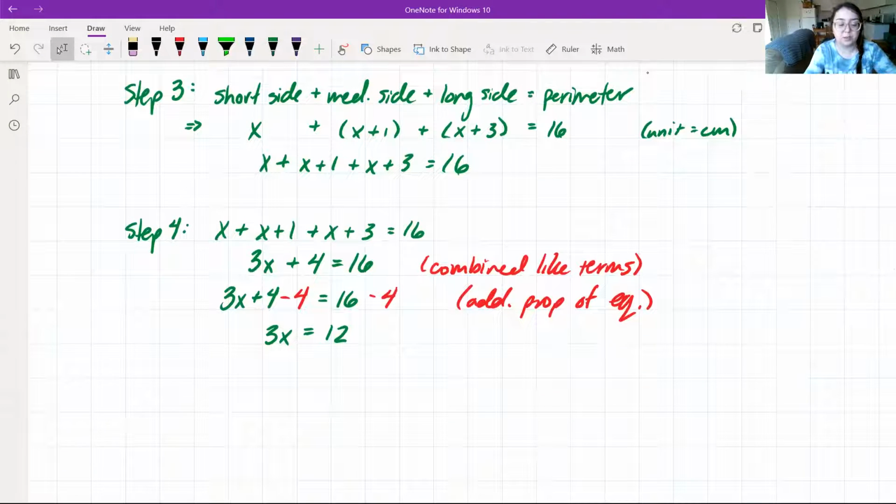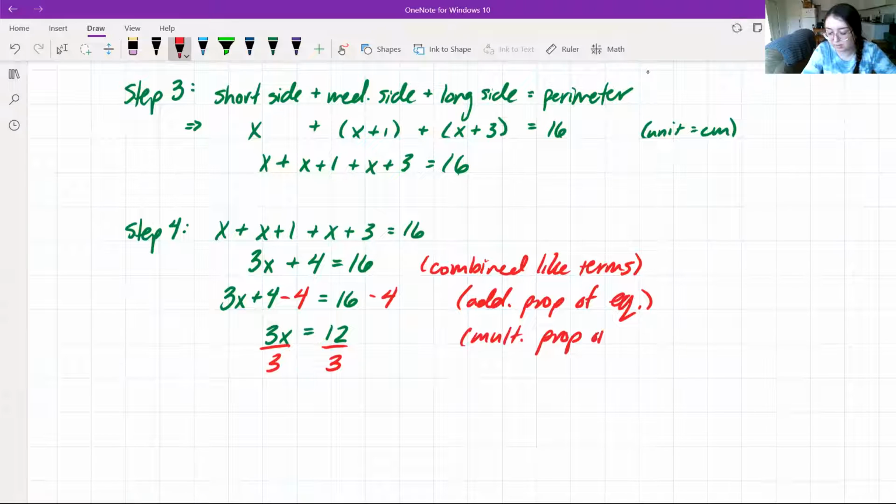And then we want to divide each side by 3 to isolate x. And this was using our multiplication property of equality. And when we divide 3 by 3, we get 1x, and 12 divided by 3 is 4. So we're saying that x is equal to 4.